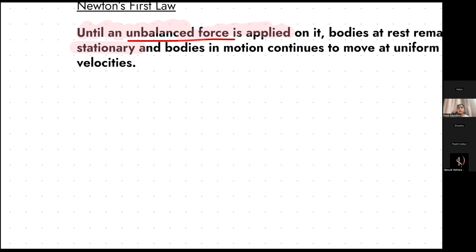එතකොට will the disk move at uniform velocity? Okay, so first of all, let's see. If I don't apply a force, will the disk move? No. But if I apply a force, will the disk move?